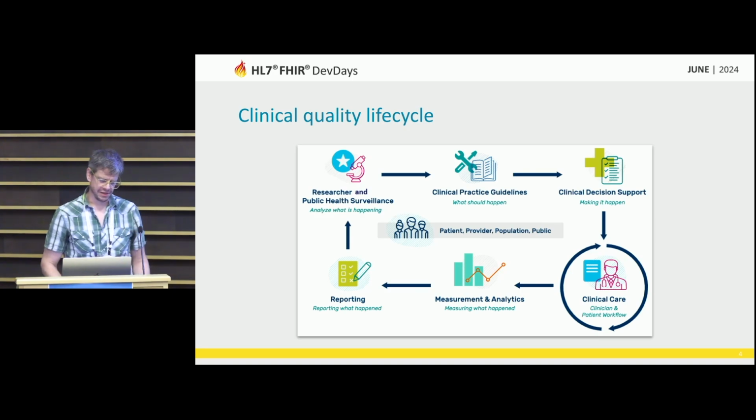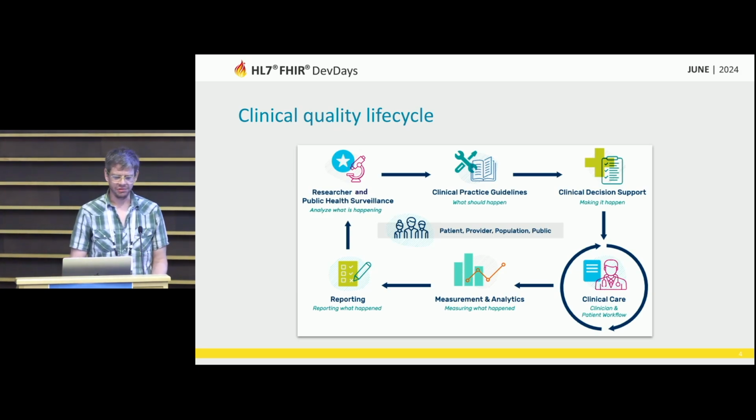It's part of this bigger clinical quality lifecycle picture, a feedback system where research happens, guidelines are created by medical societies or other types of institutions. It's delivered at the point of care, and as a side effect of delivering care, data is generated that feeds back into the whole system. This cycle is modeled in FHIR and through a couple of implementation guides that we're going to be covering today.